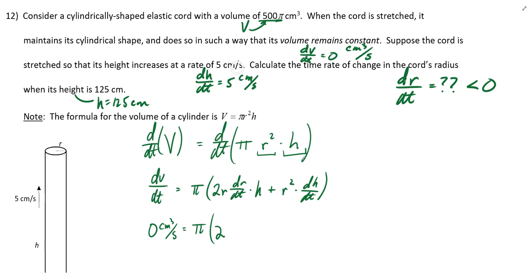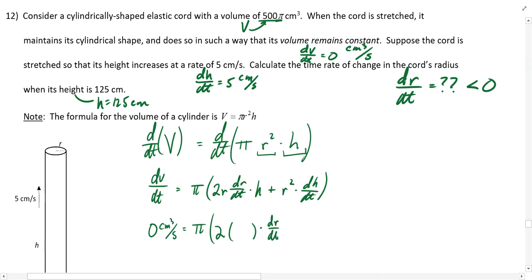So volume by itself is no longer part of this equation, but it certainly would be nice to know what the radius of the cord is originally, and also when the height is 125 centimeters. So maybe we don't need that originally, but at least when the height is 125, we would need to know the radius. Because I'm just going to leave this as an empty space right now. The radius is going to multiply by the rate of change of the radius, which we don't know.